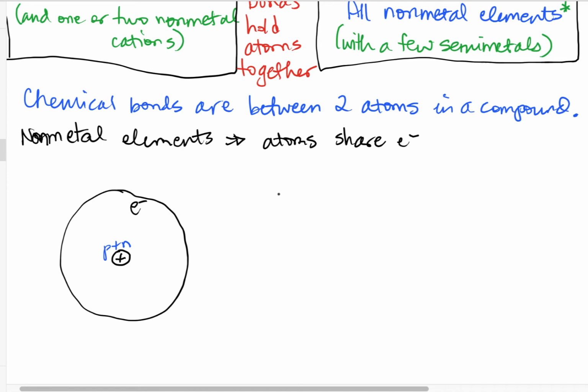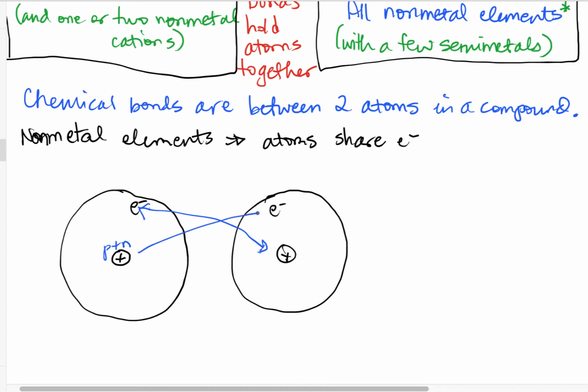So if we think about what's happening between our atoms, and we'll look more at atomic structure in a little while, we're going to have some attractive forces happening between our electrons, because they're negatively charged, and the positive charge from that nucleus. And that's true both directions, right? So when you make a covalent bond, the atoms sort of rearrange themselves so that they share electrons, and we call this a covalent bond.